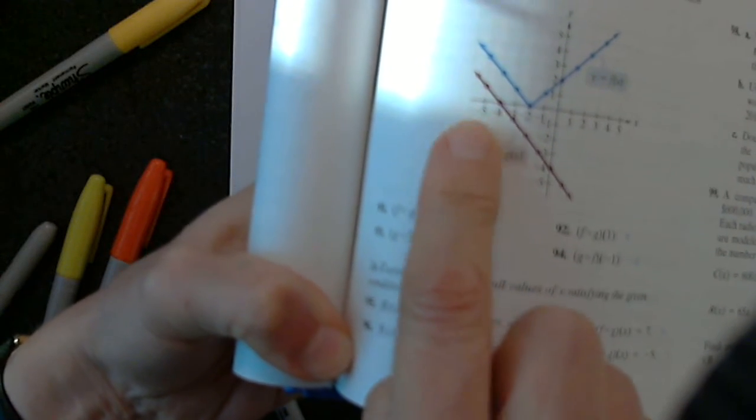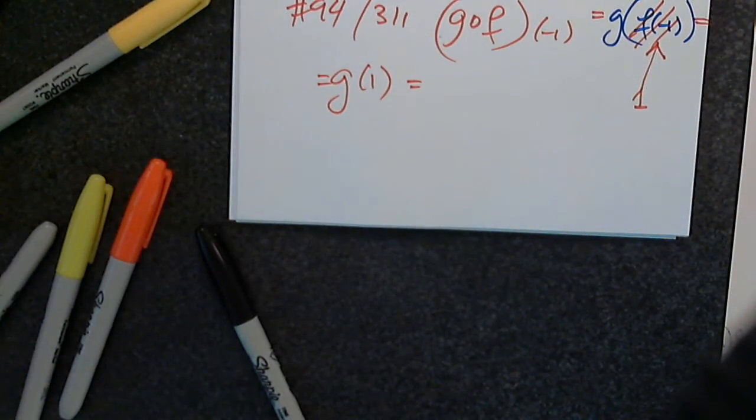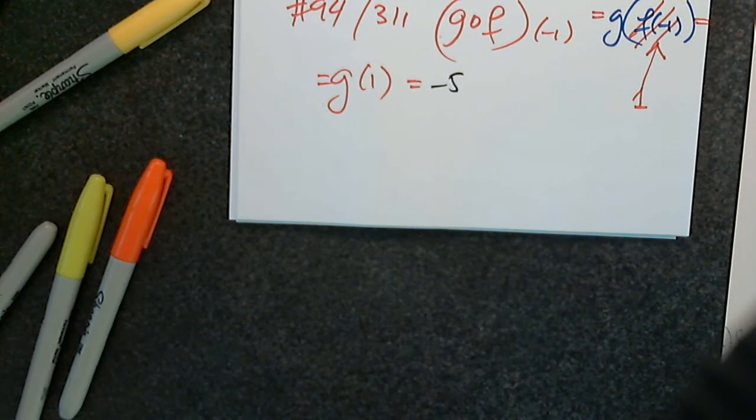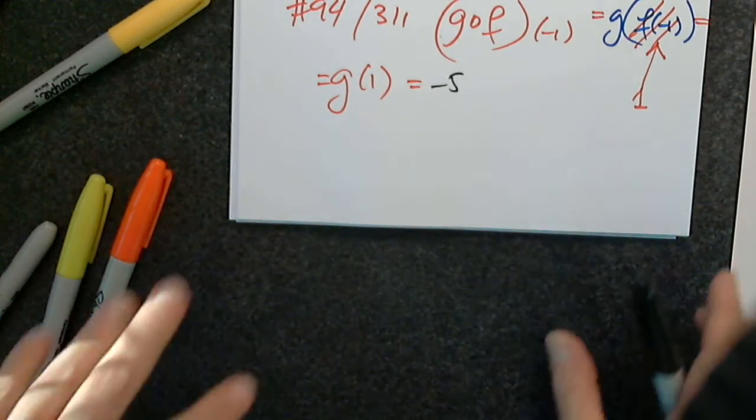Ready? The purple graph, and we want to find g of 1. Indeed, -5. Very good. So we determined the value of a function composition without even having the functions, but we were given the graphs. So we read from the graphs all these values.